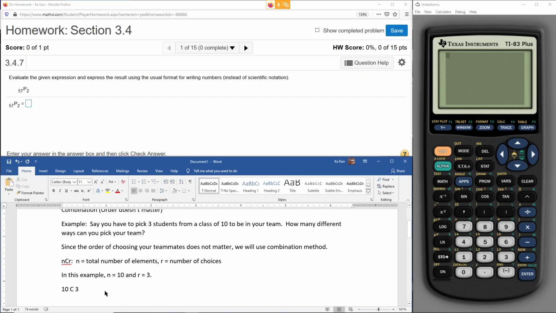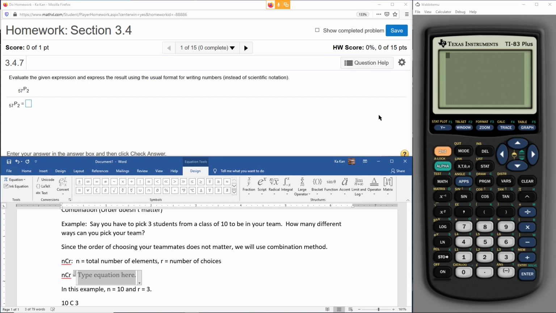Now, I can go through the formula, which I can type out. Basically, the formula is nCr equals n factorial over r factorial times n minus r factorial.